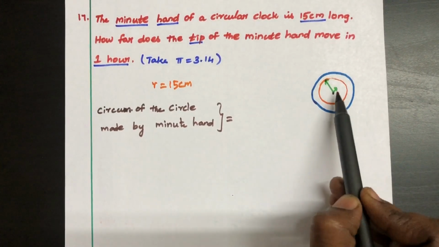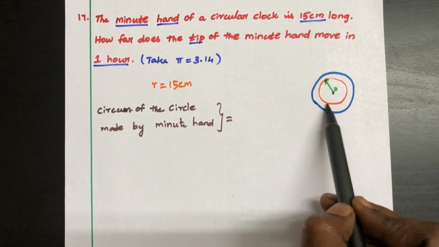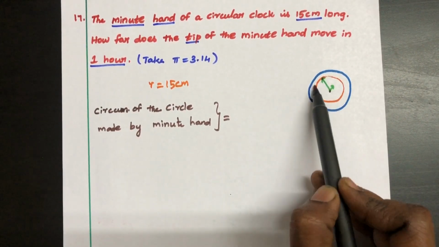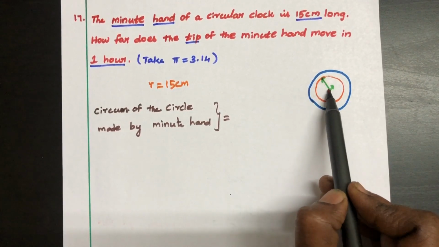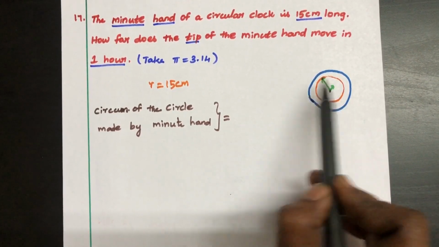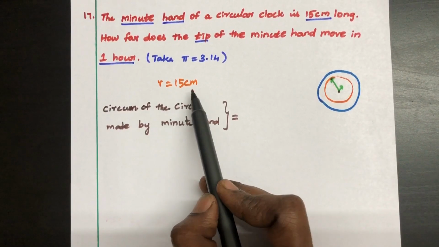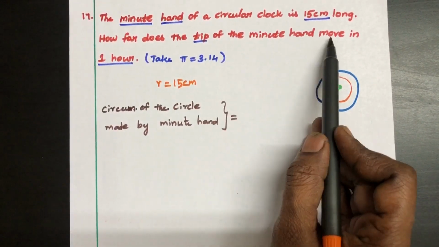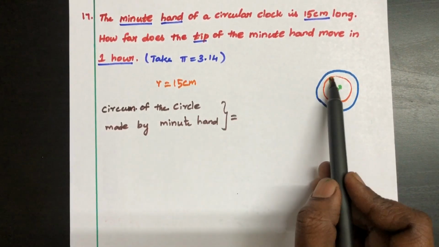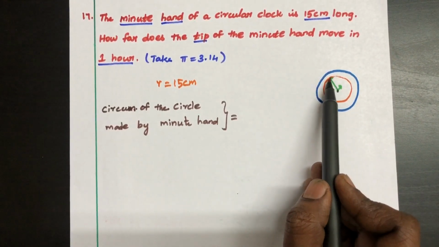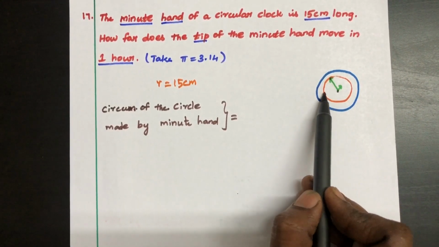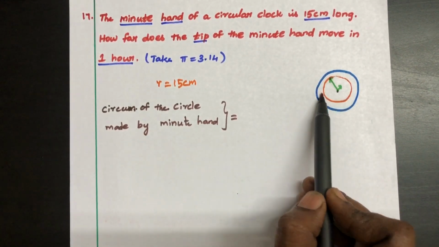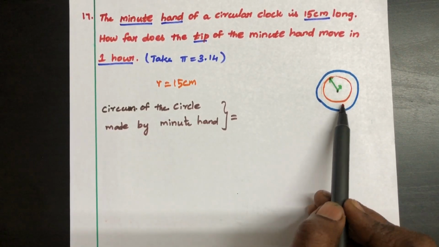This is the clock, this is the minute hand. If it has done one full circle, this length is nothing but the radius of the circle. So radius is equal to 15 centimeter. Now the question is, how far does the tip of the minute hand move in 1 hour? 1 hour means full rotation. So full rotation, how far means just the length of the circle, which is nothing but the circumference of the circle.